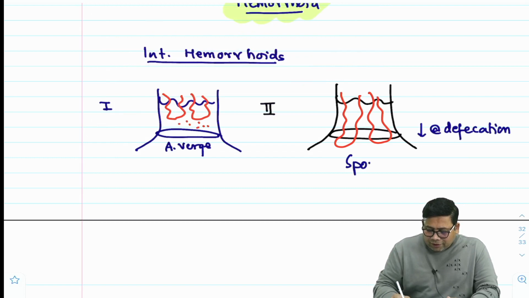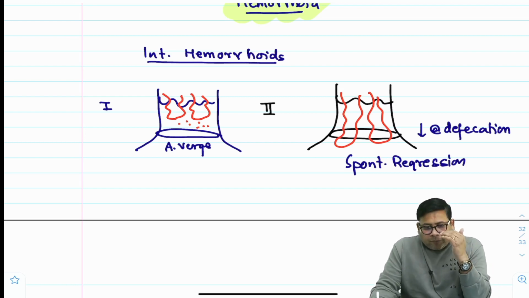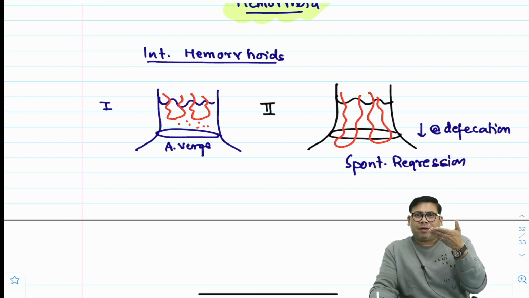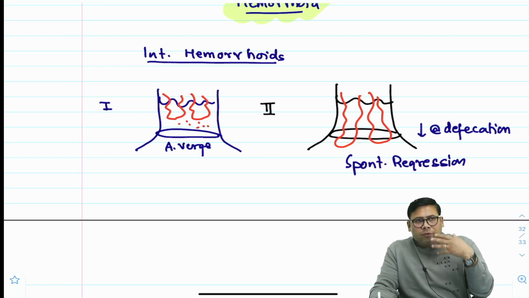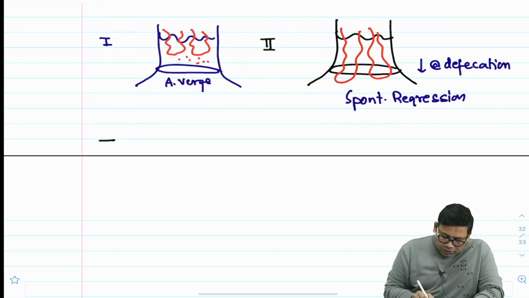But they have a tendency of spontaneous regression. Are you getting this point? So a patient in grade 2 presents saying, sir, the hemorrhoidal cushion comes down, but it regresses back spontaneously. During defecation something protrudes out, but it goes back. So this is grade 2. Next is, what is grade 3?